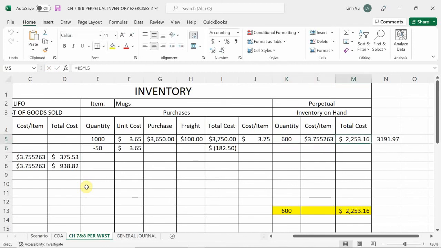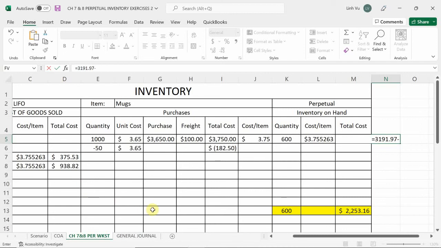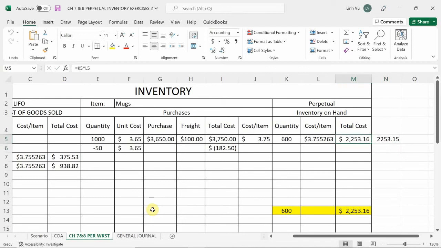That gave me a split penny because now it is at 16 when it needs to be 3191.97. 3191.97 minus 938.82 should give you 15 cents. So this should be 225.315, right? I got a split penny going on. Okay, so let's go ahead and just do this, and then I'm going to stretch it out so you can make sure that you know that that's a split penny. So there you go. It's 15 and 1/8 of a cent, but you can't have 1/8 of a cent.